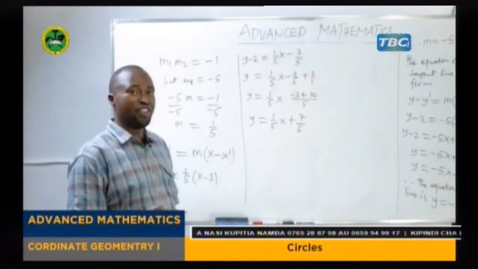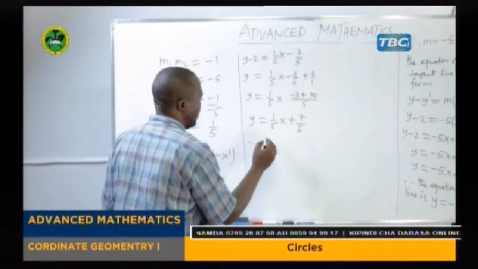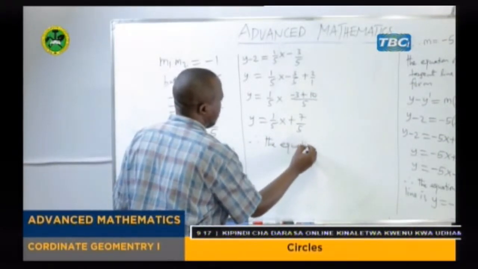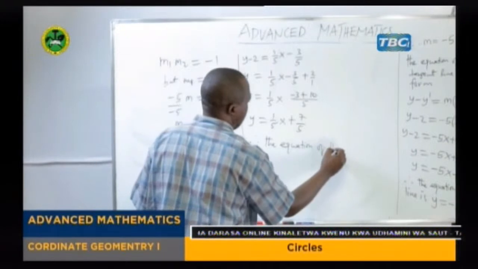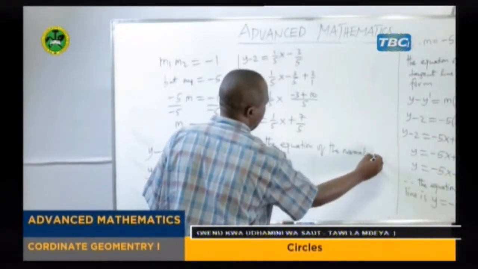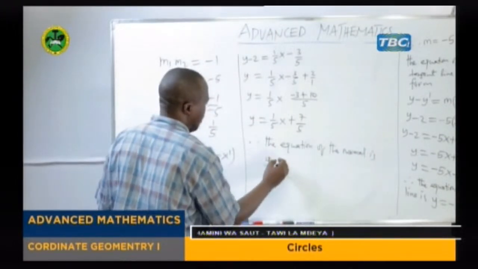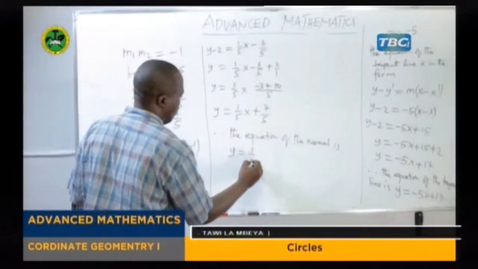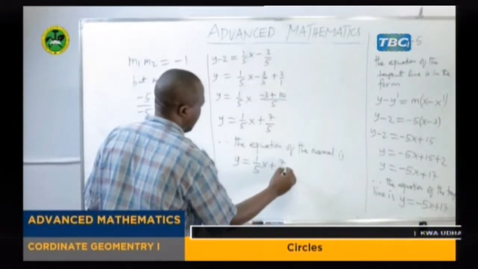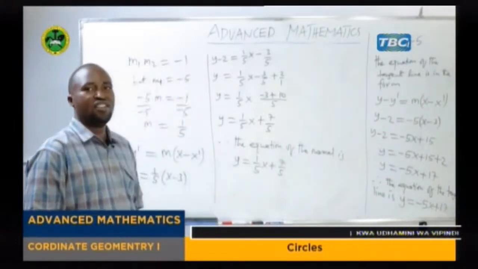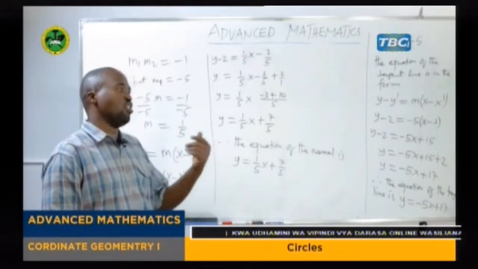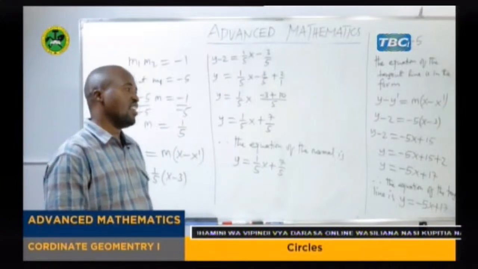This is the equation of the normal. So here we say the equation of the normal is y is equal to 1/5 x plus 7/5. So you can see how it is very easy to find the equation of the tangent, but again the equation of the normal.